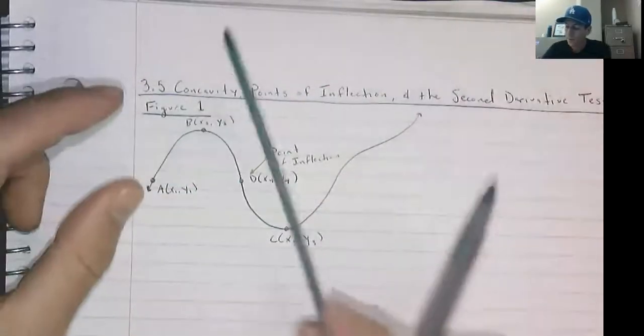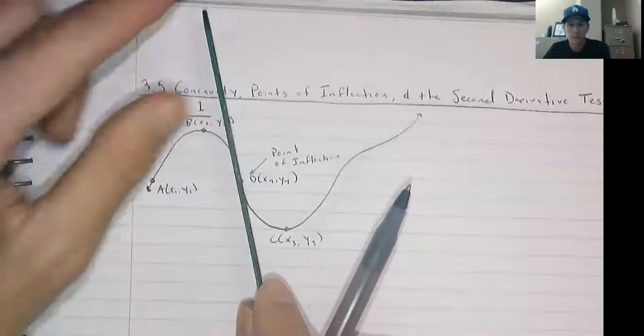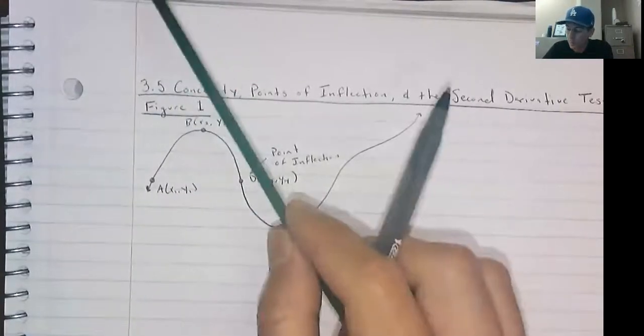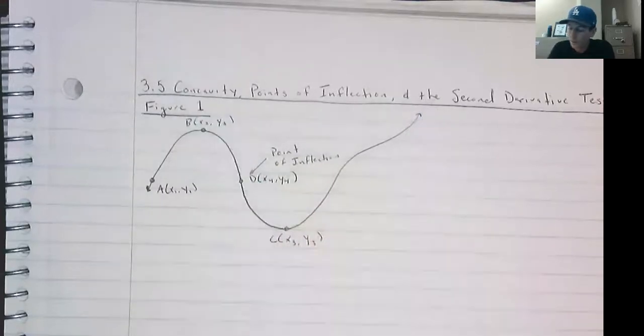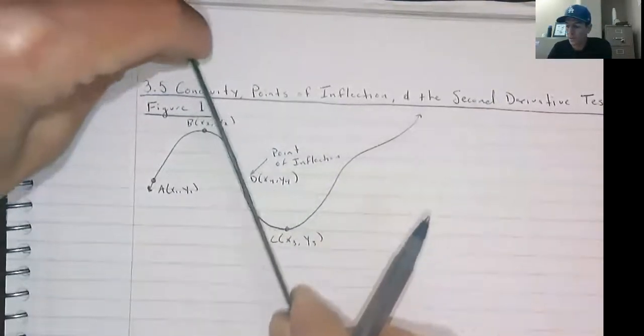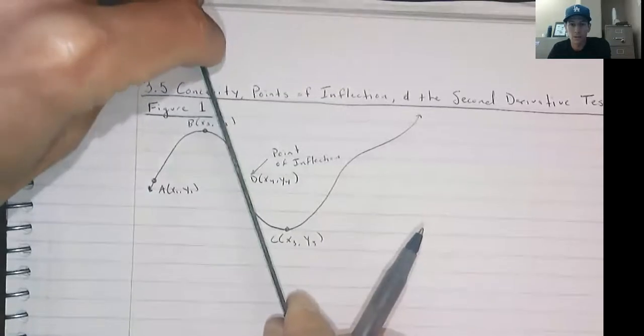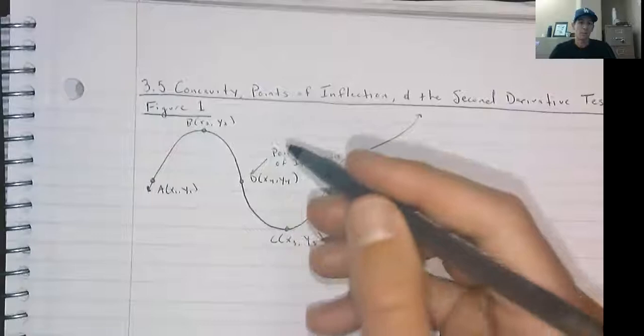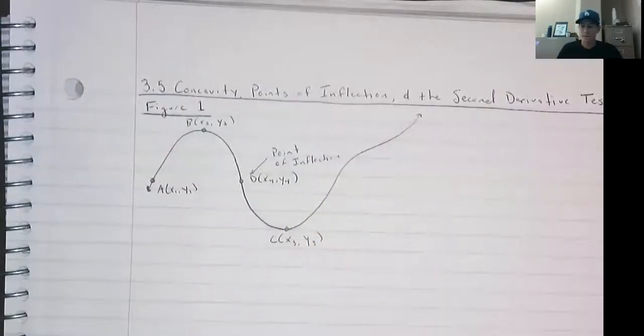And at this point here is the changeover. The point of inflection is where we go from a concave down section of our graph, clockwise, and then we kind of stall out, and then we inflect up, and we're concave up.